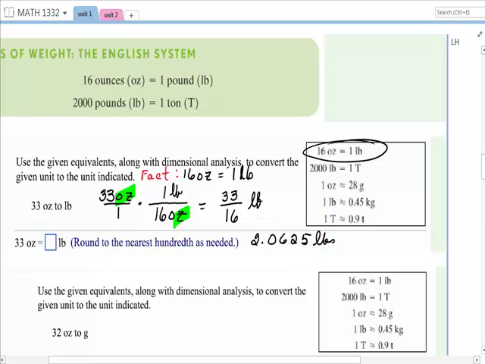This is pounds. Nearest hundredth, the hundredth is the 6. And the 2 tells me to leave it alone. So my answer is approximately 2.06 pounds. Is that okay? Just like yesterday. The conversion is no different.